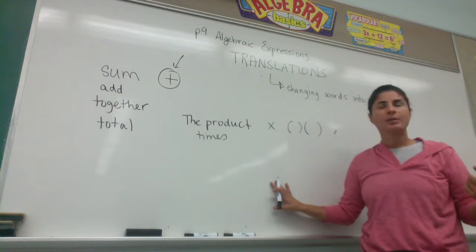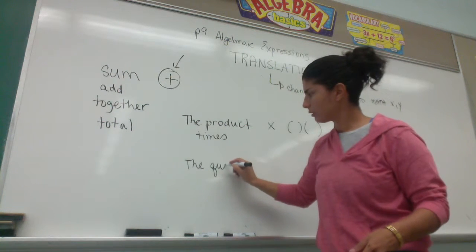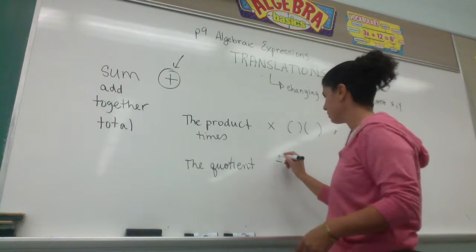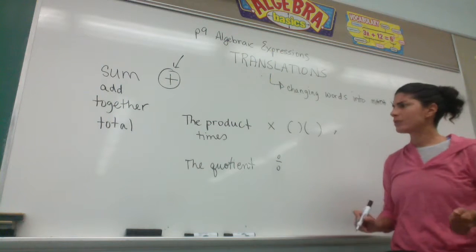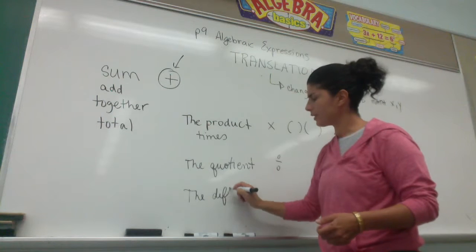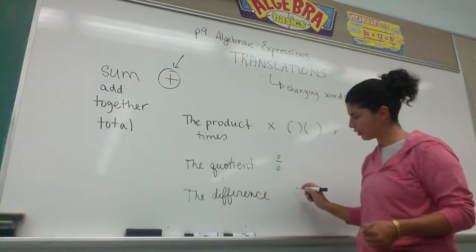So we have product. How about the quotient? Quotient means to divide. And the last one I can think of is the difference. When we talk about the difference, we're talking about subtraction.